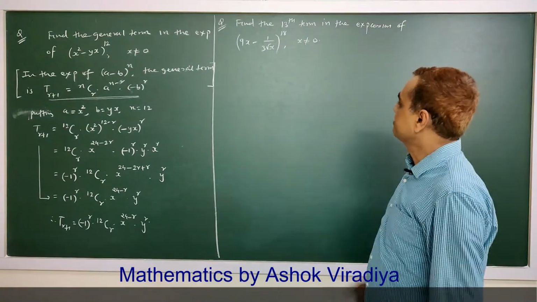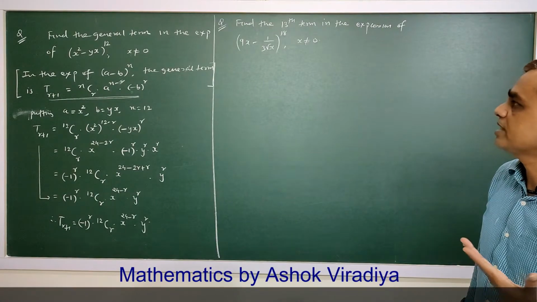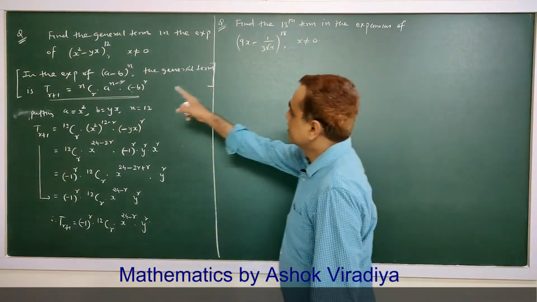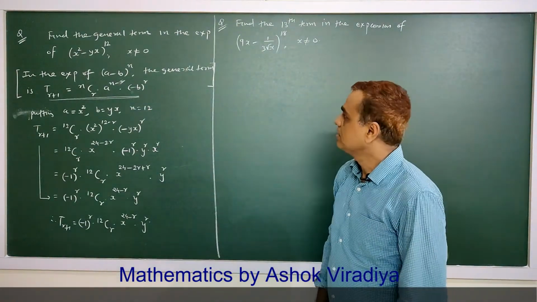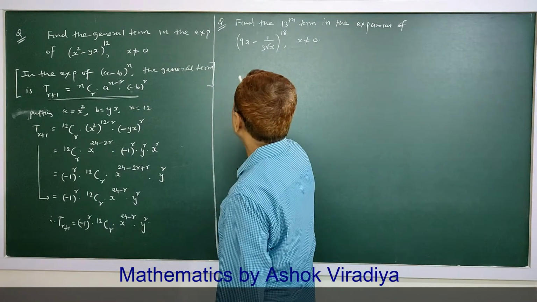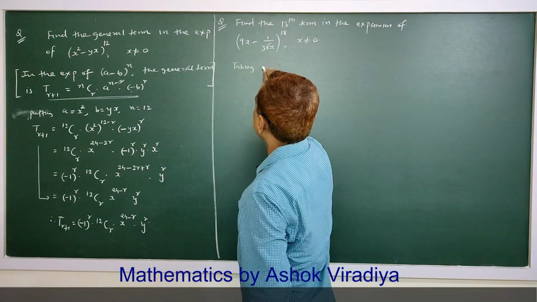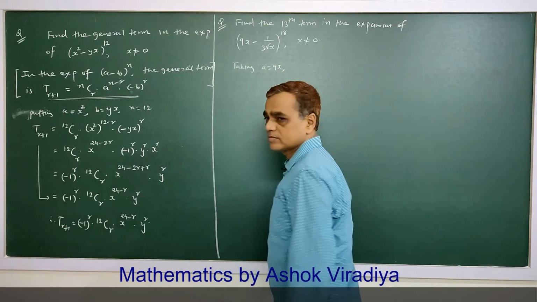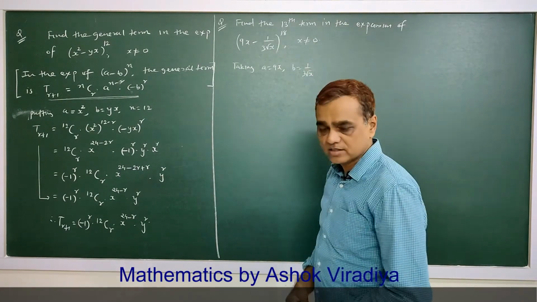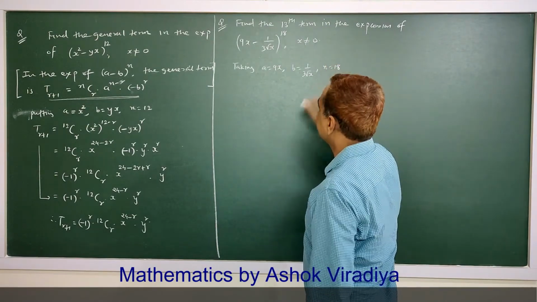Now in this question, find the 13th term in the expansion of (9x minus 1 by 3 root x) raised to 18. Again we use the same formula. So what we do here, again we are putting a equal to 9x, b is 1 by 3 root x, and n equal to 18.